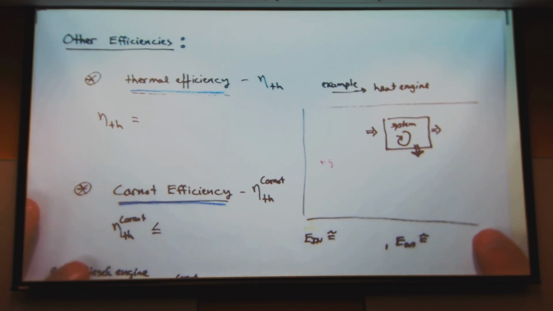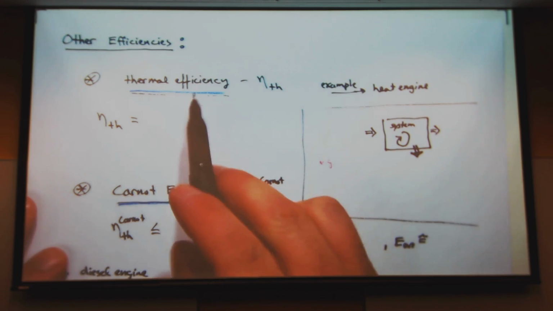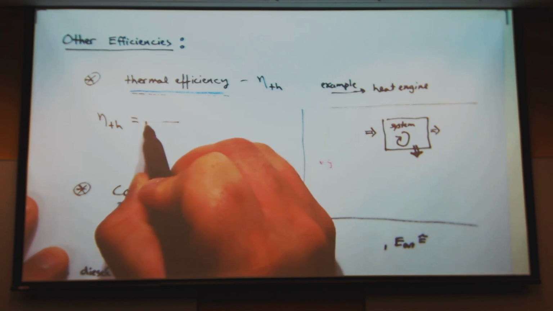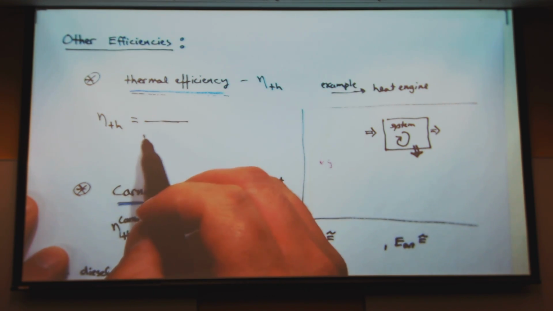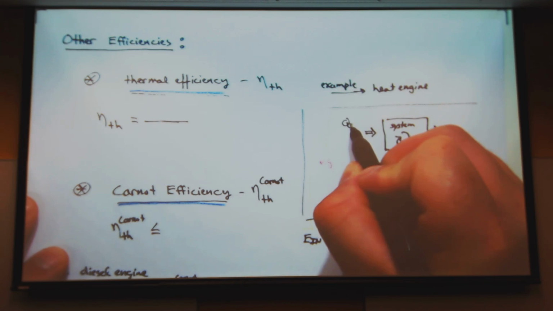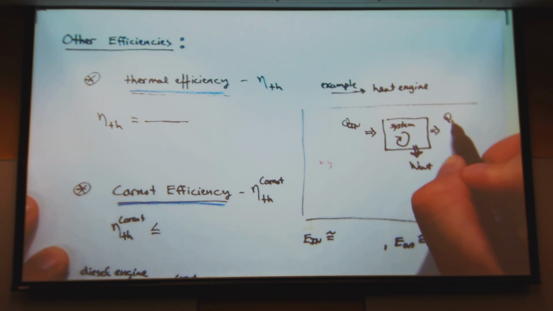So there are some other efficiencies. They're not really other efficiencies, but they all kind of come back to efficiencies. There's a thermal efficiency, and an example is a heat engine. I can write the thermal efficiency. This one is similar to the first law efficiency. If we do it like this, we have some Q in, we can get some work out, and then we can get some Q out.